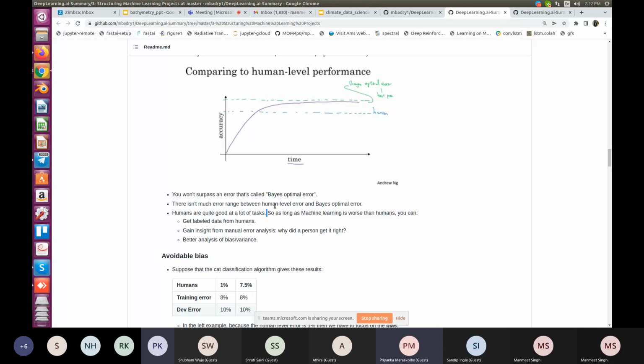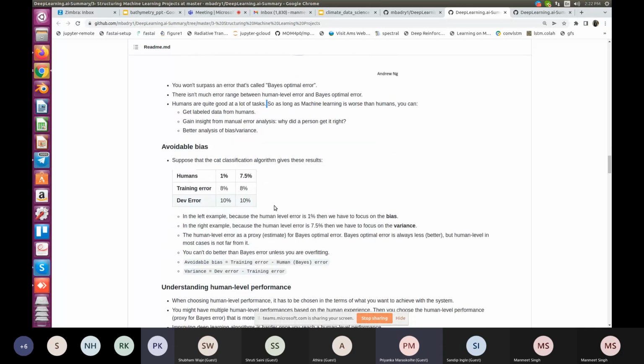By human level expert, what we mean is a domain expert who knows a lot of science, or a lot of chemistry, the chemical equations, or how maybe in the stratosphere the reactions are happening, which are then indirectly affecting the things that are happening on the land or in the troposphere. So we have to get the labeled dataset from those experts and gain insight from manual error analysis.